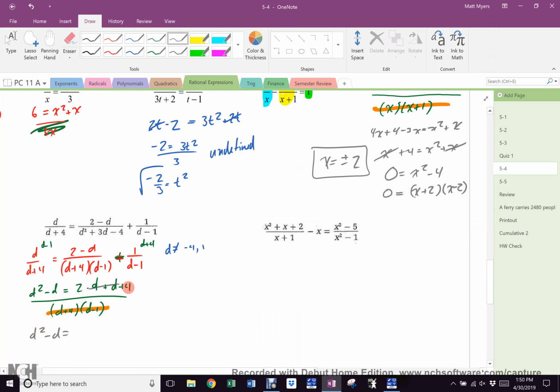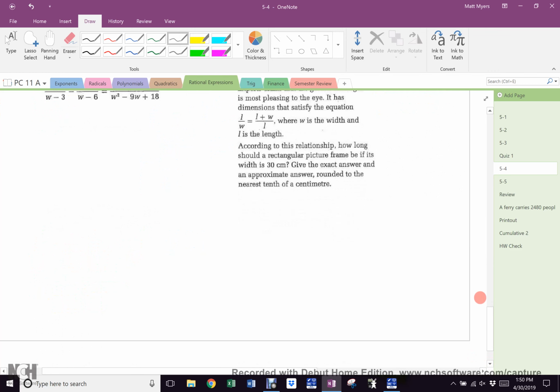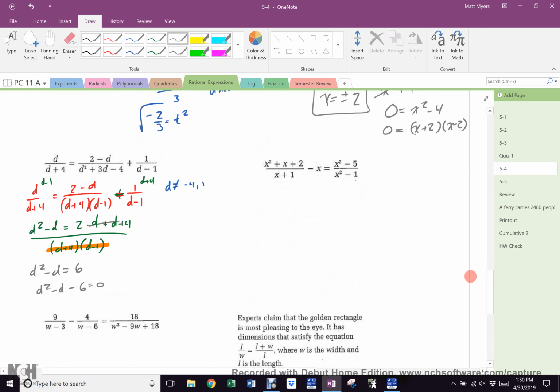Gone. 2 plus 4? 6. d squared minus d minus 6 equals 0. What is it? d plus 2, d minus 3 equals 0. What are my options for d? 2 and negative 3, and I'm done.